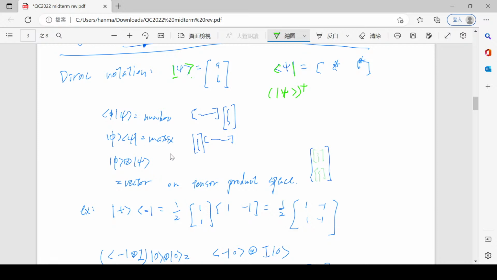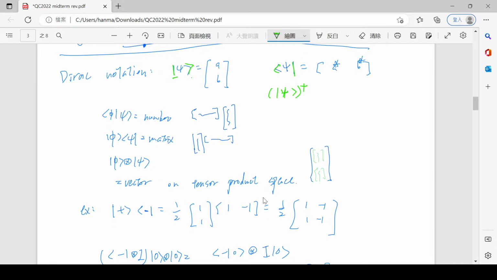Then there is this really weird thing you probably didn't see in other linear algebra courses: the tensor product. You can have a psi ket tensored with another phi ket. This is a tensor product, and if it's one qubit and one qubit, then this will actually be a four-dimensional vector. It kind of looks like this, but we don't go into detail.